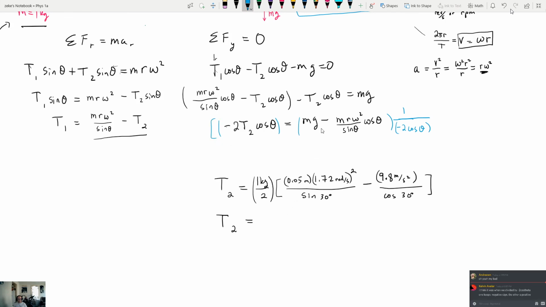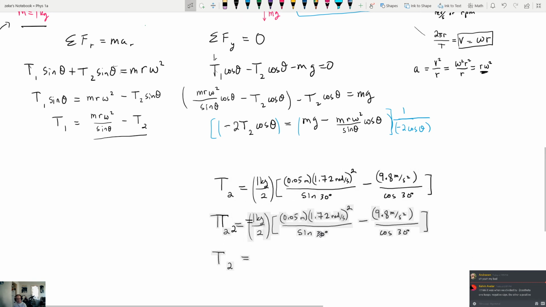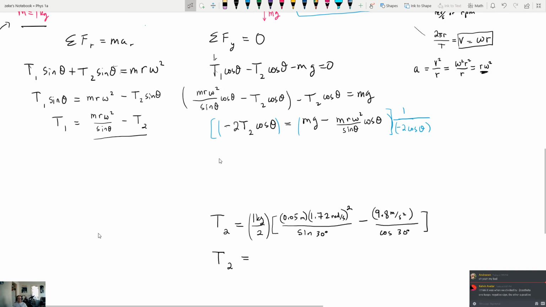The whole thing. So what we'll get, I'll just move this down a little bit because I don't like writing in between there. On the left-hand side, we'll just have T2.